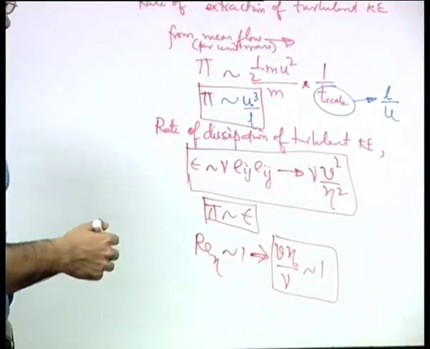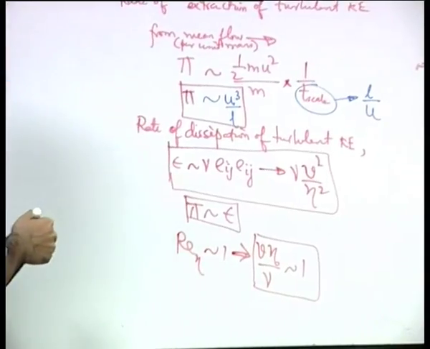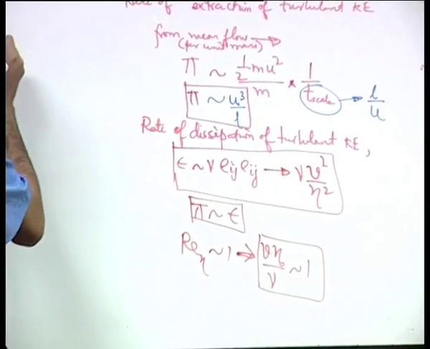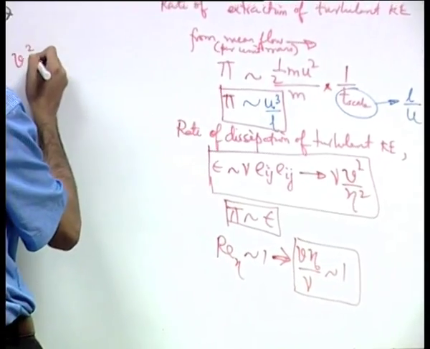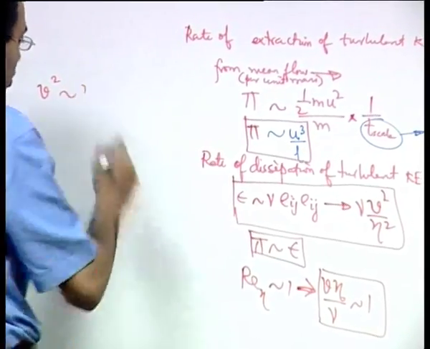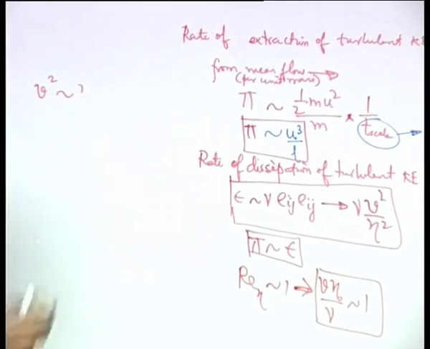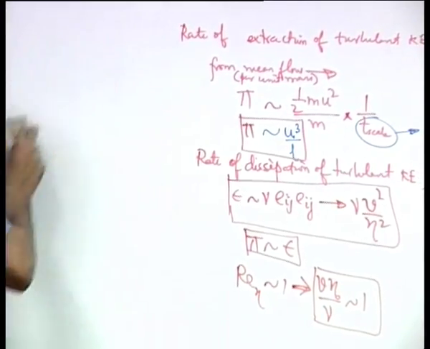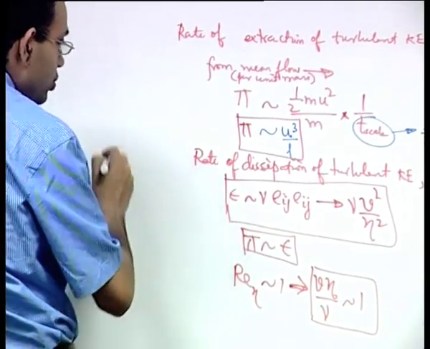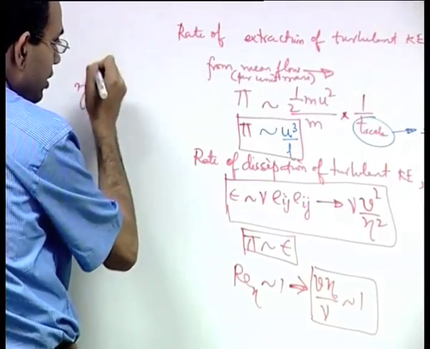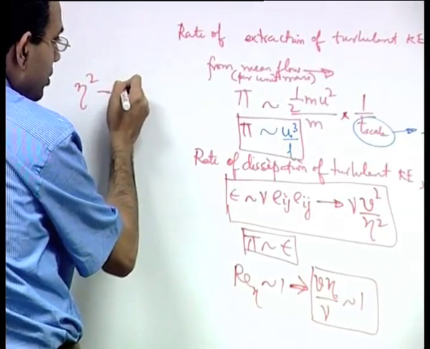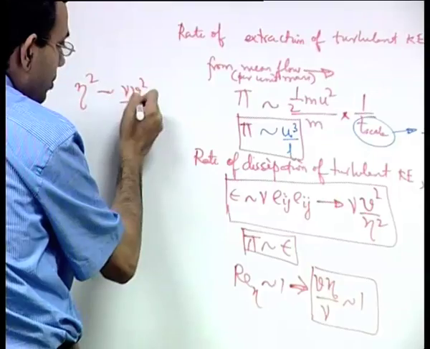Before doing that, let us try to characterize what is V. Let us first characterize what is eta, then we can characterize V on the basis of that. So eta square is of the order of nu V square by epsilon.